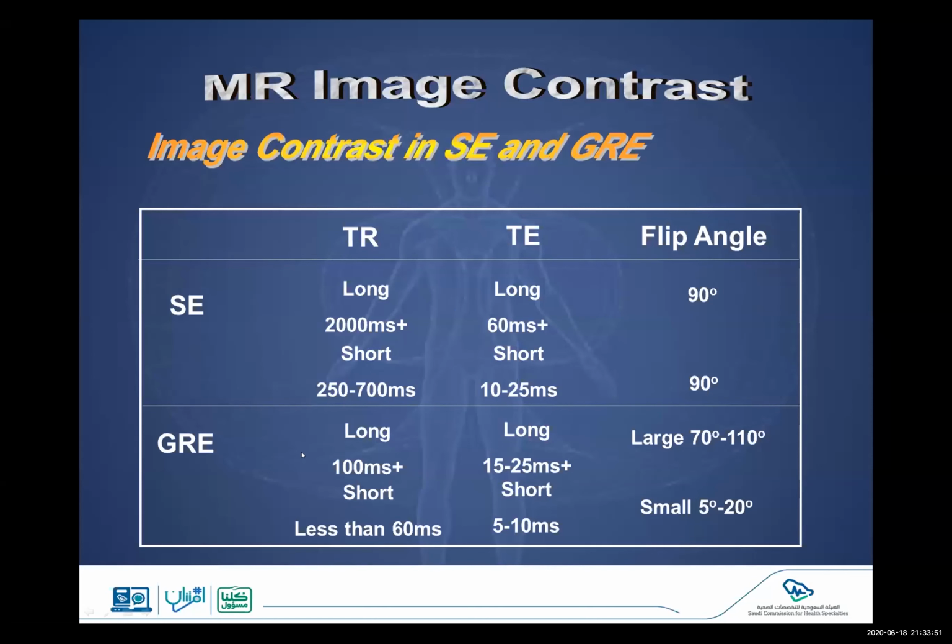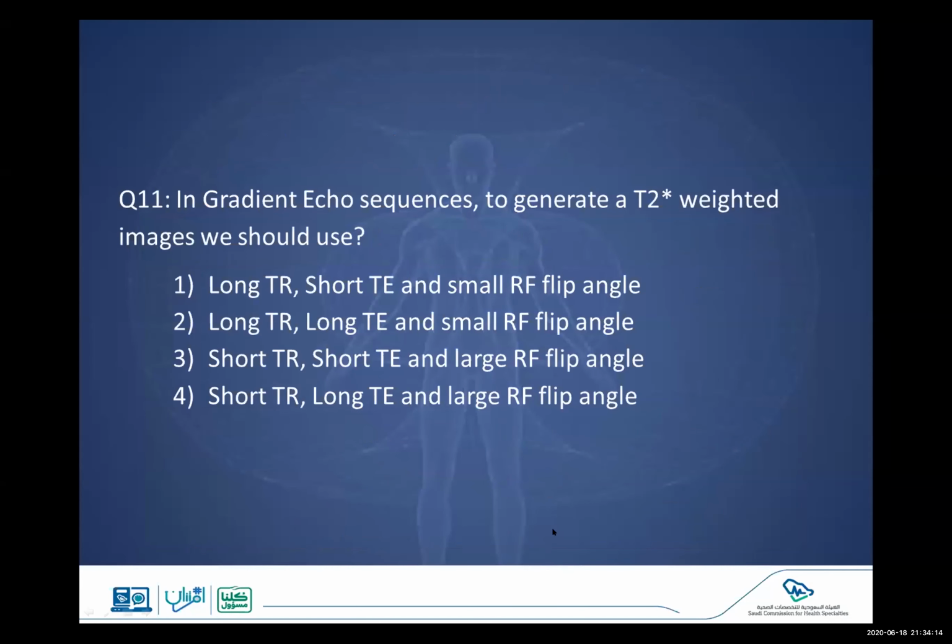In gradient echo sequences, usually long TR means more than 100 milliseconds, and a long TE is 15 to 25. Less than 60 milliseconds, or even less than 100 milliseconds, will be short TR, and from 5 to 10 milliseconds will be short TE.